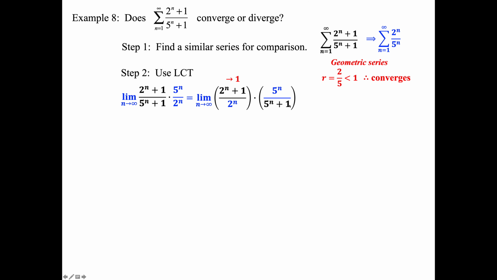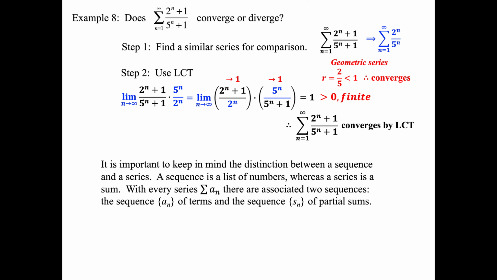The denominator will be just 1 bigger than the top, so we're getting closer and closer to 1 every time. So 1 times 1, that's equal to 1. That's greater than 0, and 1's a finite number. So therefore, the original series also has to converge by the LCT test.